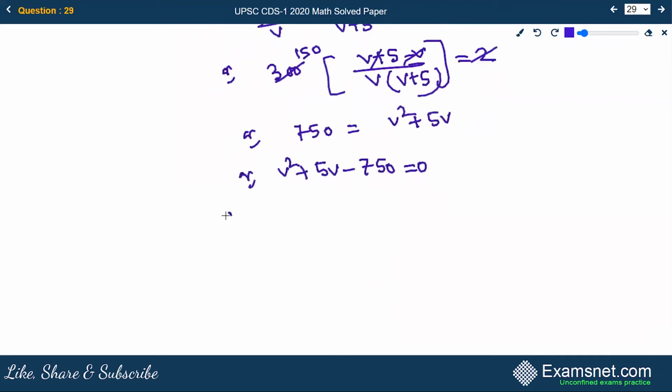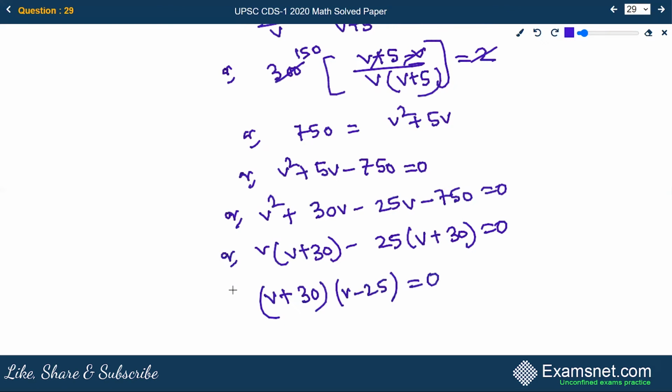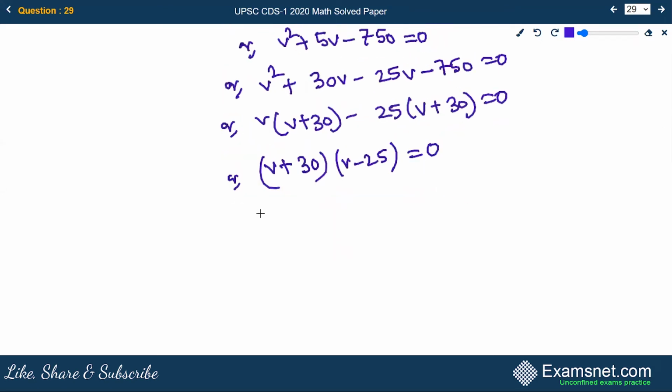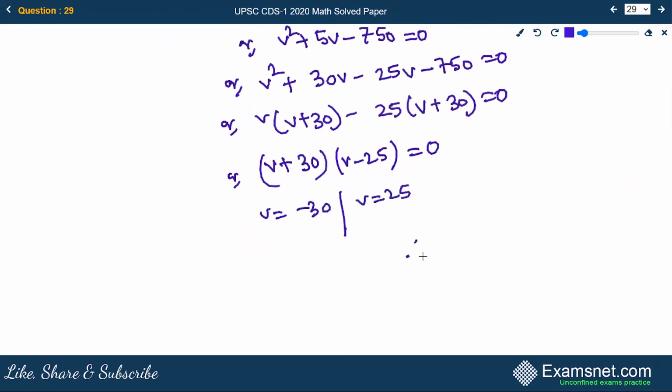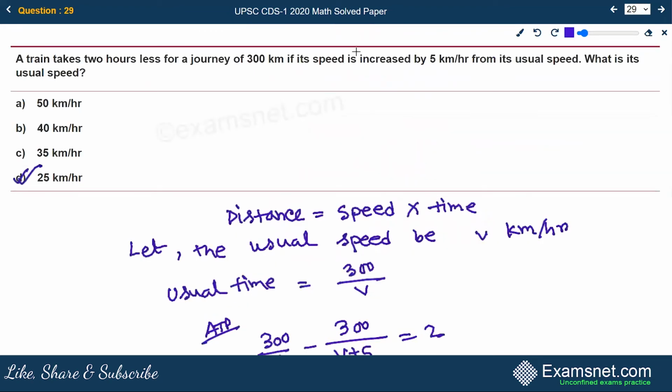If we factorize it, we get minus 25v plus 30v minus 750. So the factors are v plus 30 and v minus 25. So here v equals minus 30 or v equals 25. Therefore the usual speed is 25 km per hour. So here option D is the correct answer.